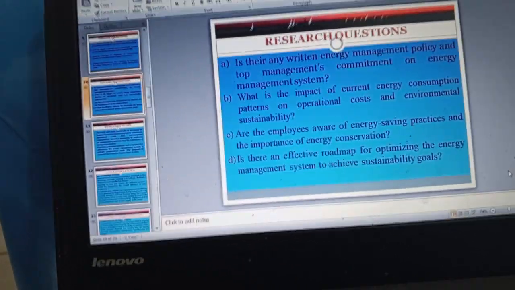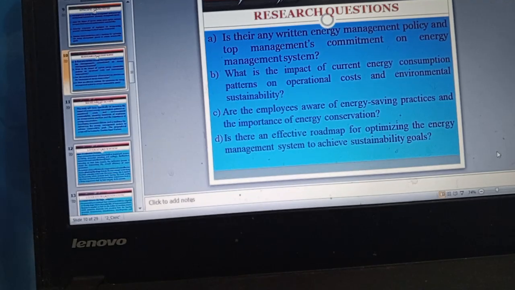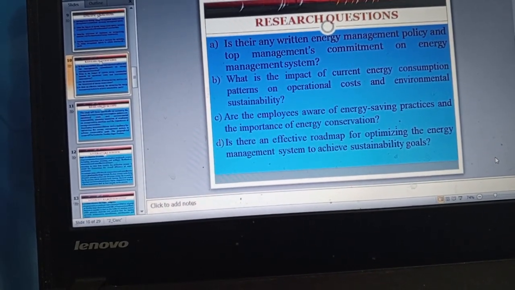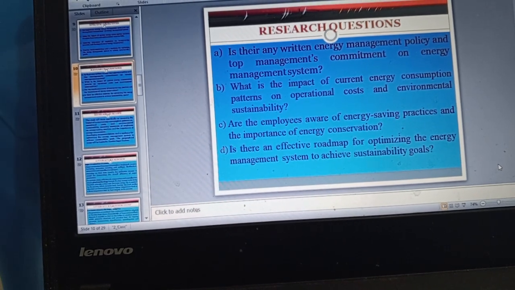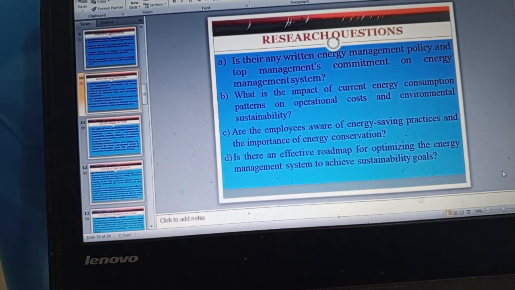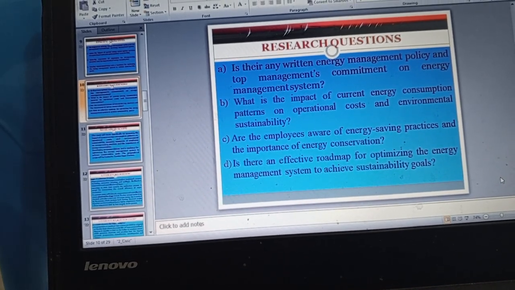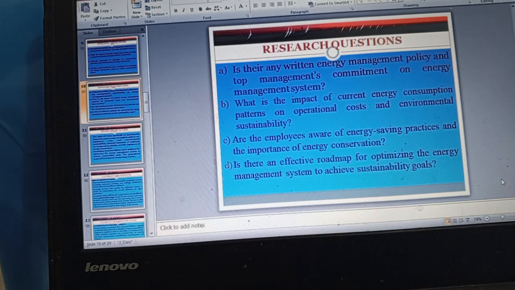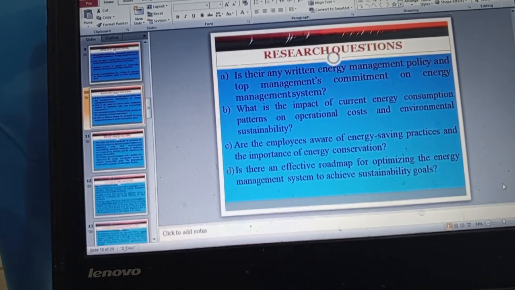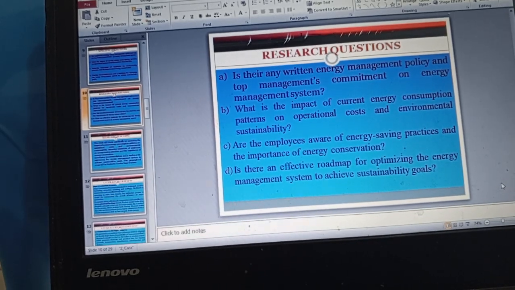Moving into the research questions, the first question is: is there any written management policy and top management's commitment on the energy management system? The second one is: what is the impact of the current energy consumption patterns on operational costs and environmental sustainability?